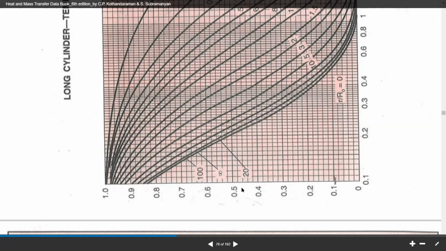You have to show that this point represents 0.46, that is the temperature ratio T0 minus Ta divided by Ti minus Ta. Don't forget to draw this diagram, any one curve, in the examination. So our temperature ratio is 0.46. Let's go to the main sheet.